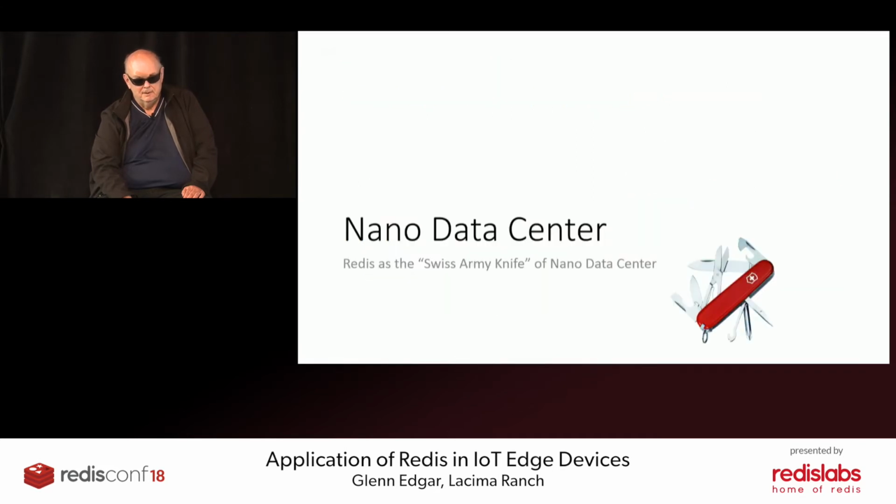I had to transform the way I was looking at things. I tended to view Redis as a Swiss Army knife. In other words, it's a toolbox, a package that has a lot of tools in it that I can deploy in a very small package.